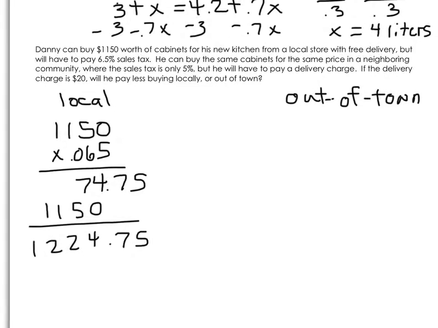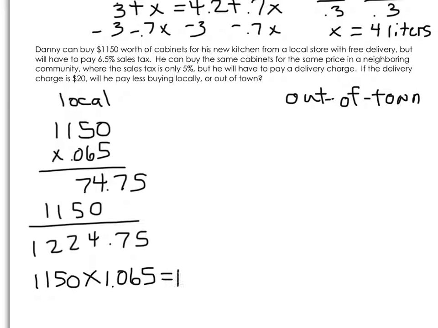What happens if you take 1,150 and multiply it not by 6.5%, but by 1.065? If you multiply it by 1.065, the 1 will get you the original 1,150, and then the 0.065 says add in that sales tax.